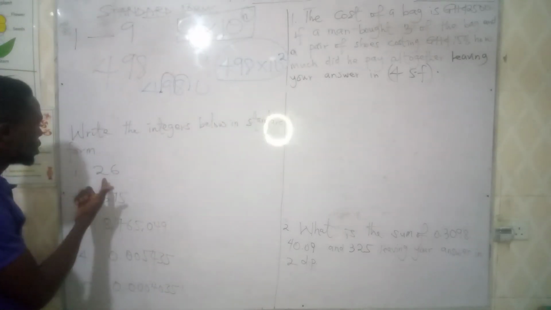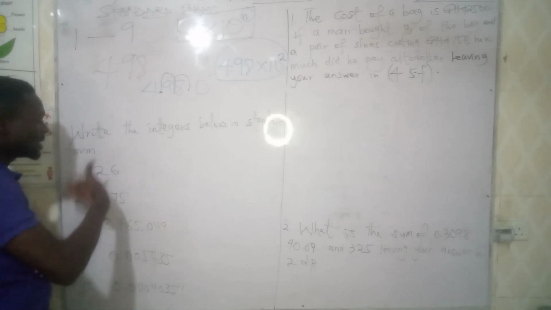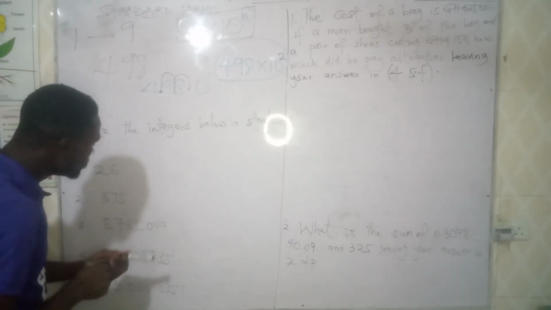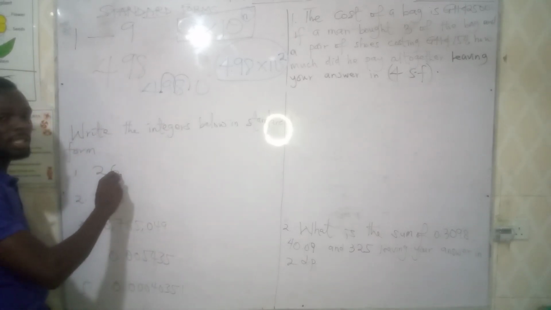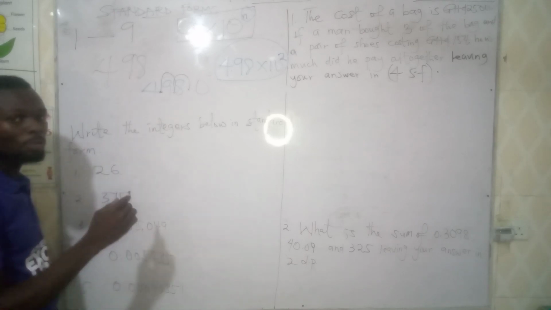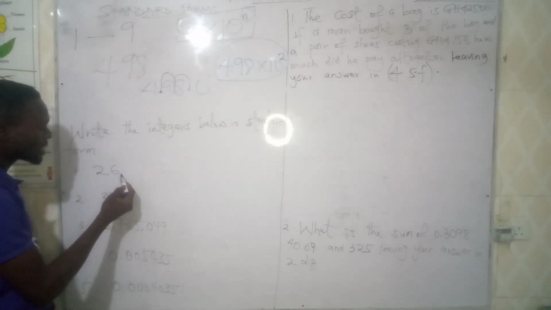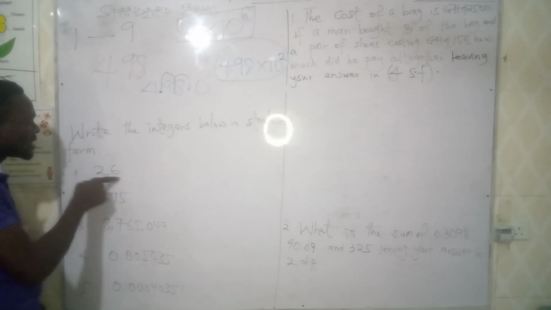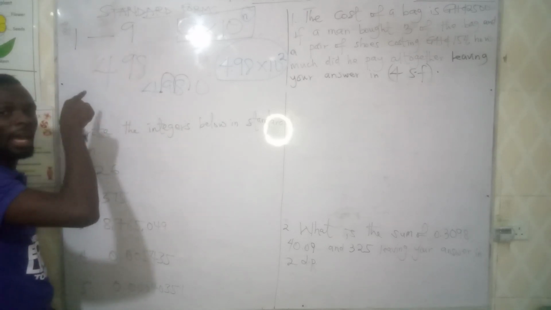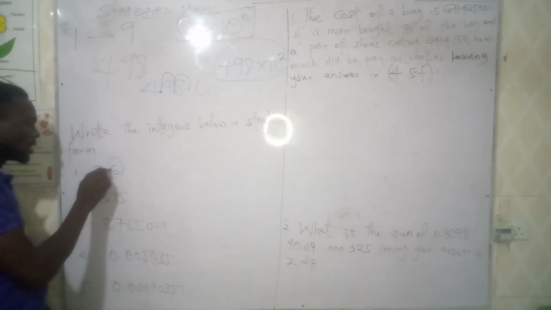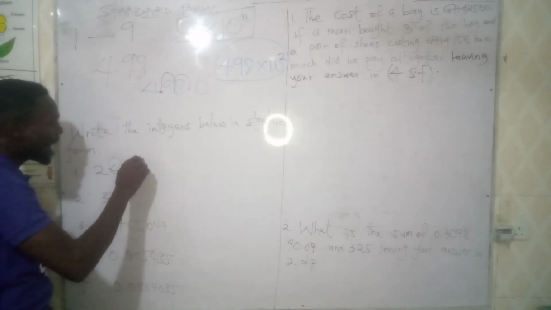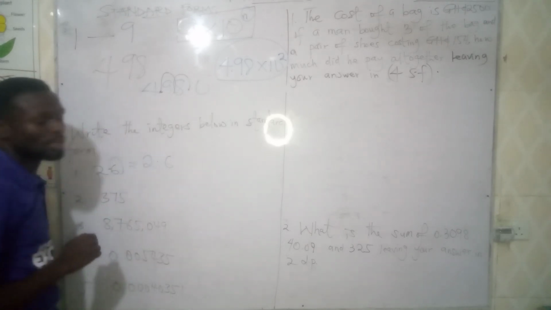Now look at this. 26. Since it is a whole number, we are going to move from our right to the left, starting from the ones. 26 is not within 1 to 9. So let's move 1. Now when you move 1, we have 2.6.